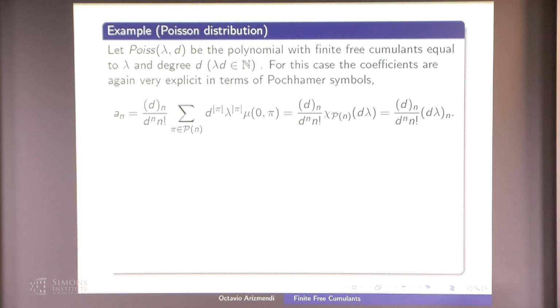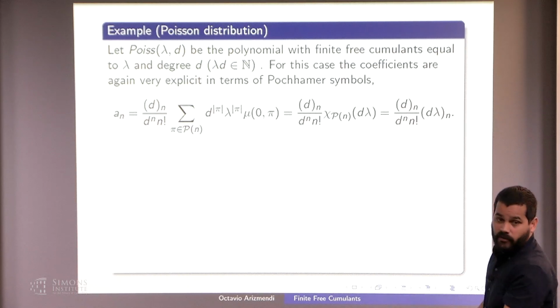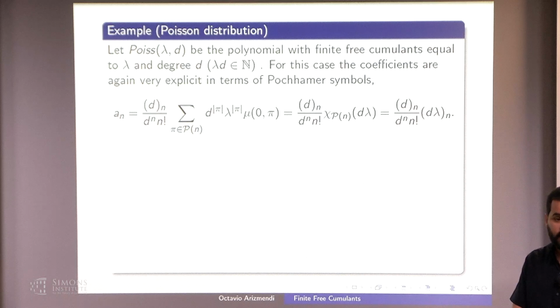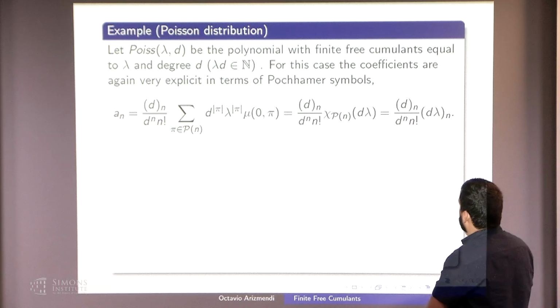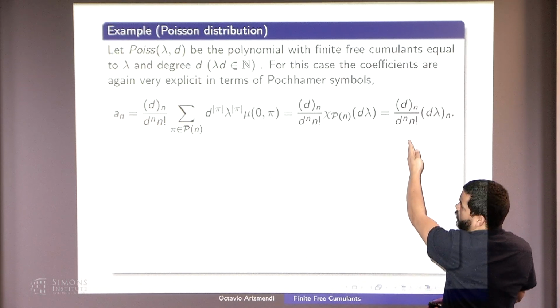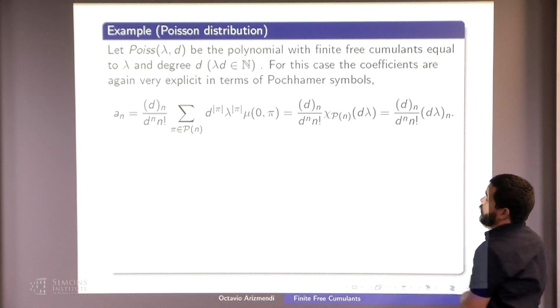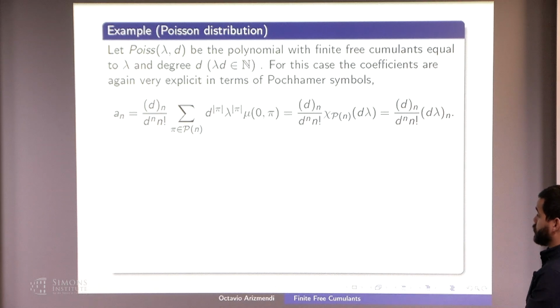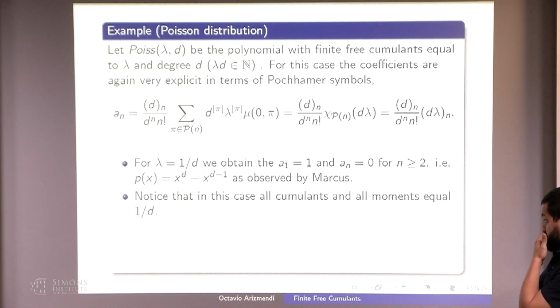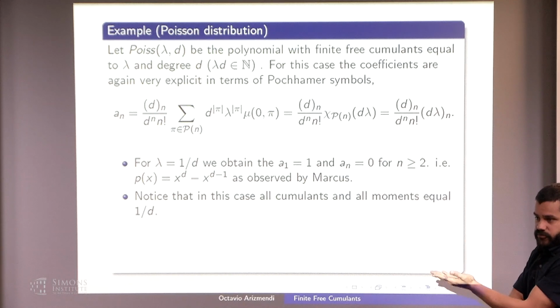One can also ask what is the analog of the Poisson distribution. The Poisson distribution is the measure whose cumulants are all lambda. And here one can actually calculate the polynomial. However, it is not true that for all lambda this is a polynomial with real roots.